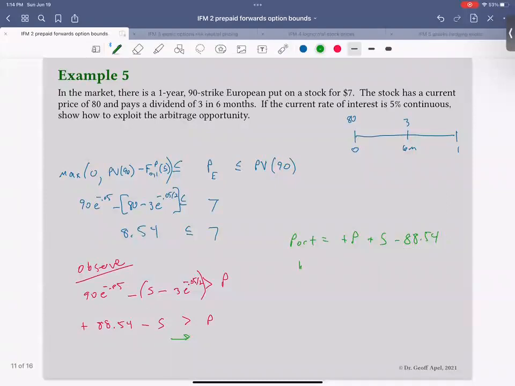So buy put and stock, borrow 88.54. It makes sense that you're going to borrow a bunch of money if you're going to buy both of these things. If we did the cash flow method, we just move everything to the other side.